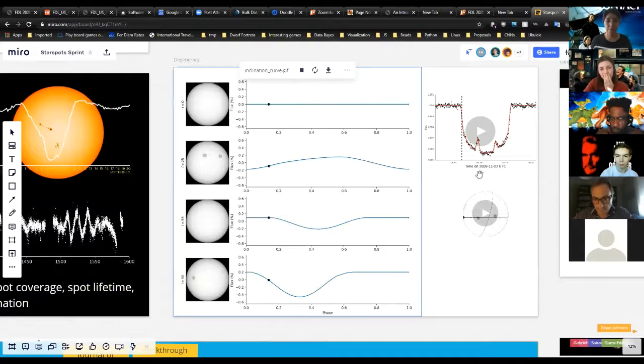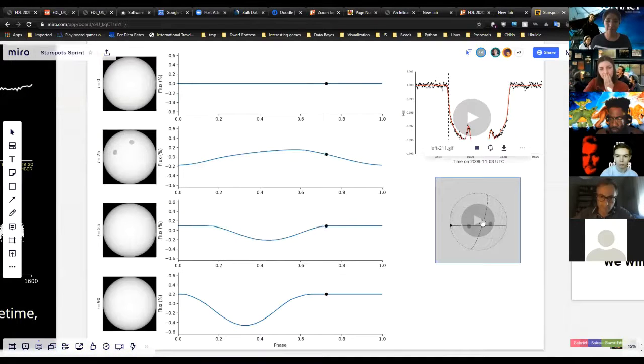Some stars have planetary crossings that will look like this one, where you have a planet that crosses the surface of the star, and you see it. Sometimes it may occult spots, and it will change the light curves in a different way. This happens very quickly.